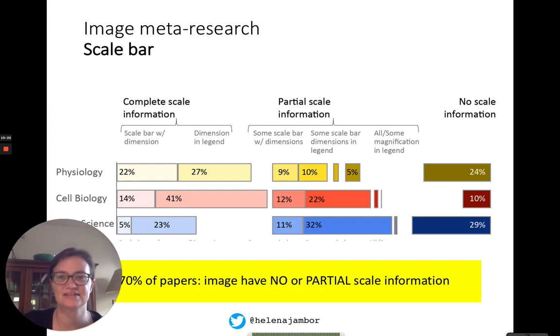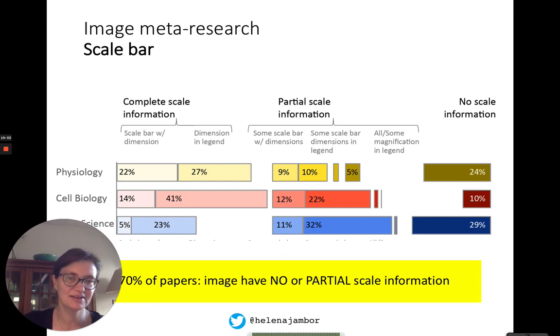But in fact, this is much more prevalent and slightly different in different fields. But a lot of images do not have enough scale information in order to be understandable to all audiences. So scale bar obviously is the first key factor in order to relate images to reality, to give the audiences a clue of what is shown.